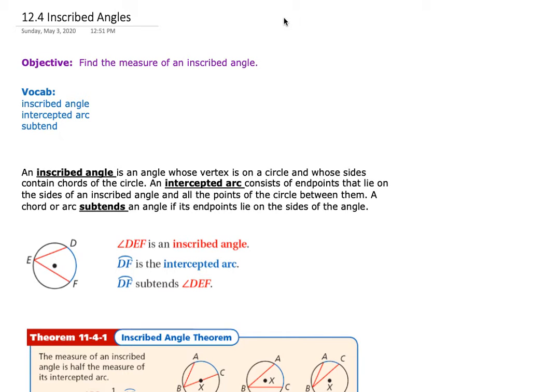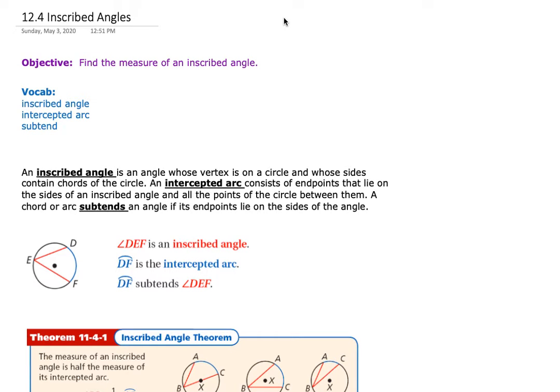12.4 is inscribed angles. Our objective is to find the measure of inscribed angles, and the vocab are inscribed angle, intercepted arc, and subtend. An inscribed angle is an angle whose vertex is on a circle and whose sides contain chords of the circle. An intercepted arc consists of endpoints that lie on the sides of an inscribed angle and all the points of the circle between them.